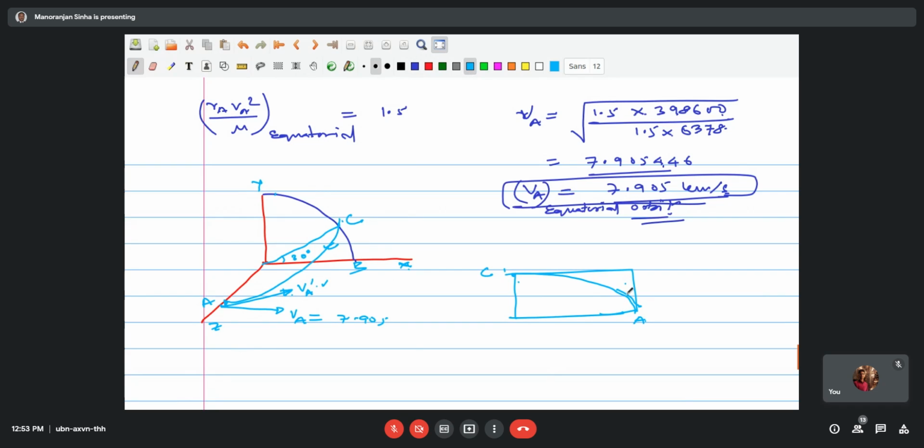And because this is not the perigee position of the transfer orbit, your velocity vector will be inclined to this. So this is your VA prime, while your original velocity vector is in the xz plane, while this is in the transfer plane. So there is a difference, and this angle will be denoted by phi. This phi can be positive or it can be negative.